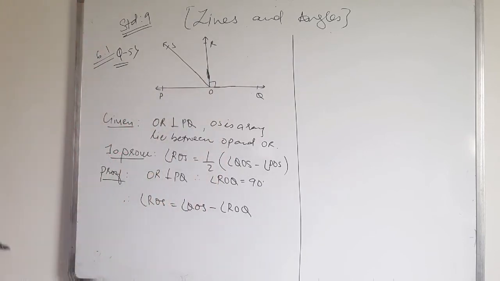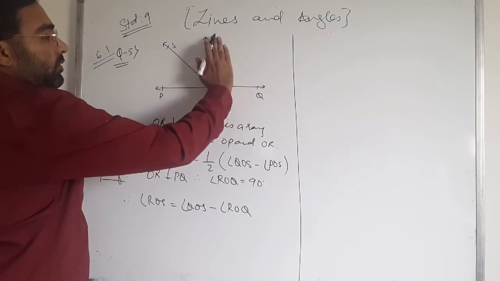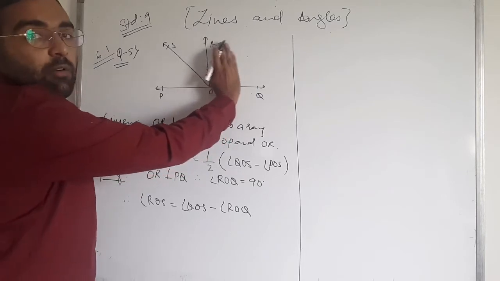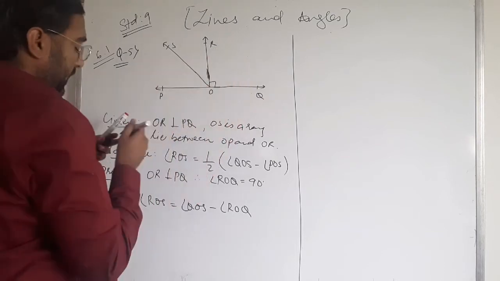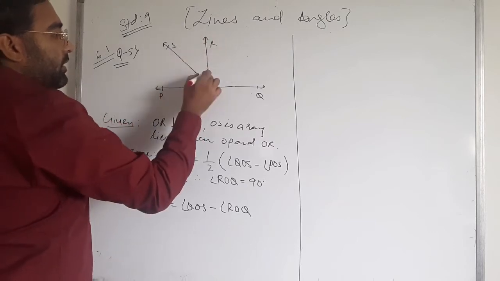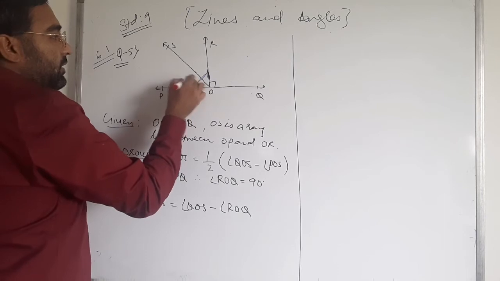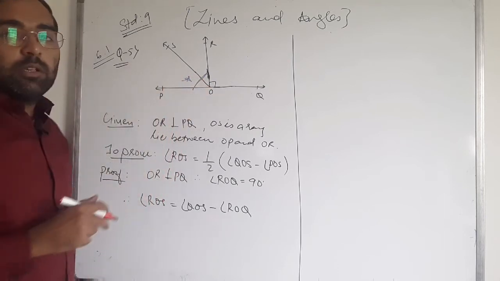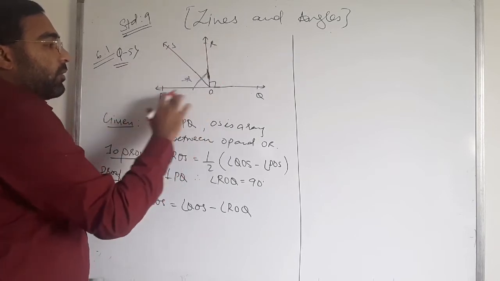Now I have to remove ROQ. So which one do you have to get? Here my ROP, the whole thing, is given. From that we have to subtract this part, POS. Okay, we have to subtract POS from ROP.